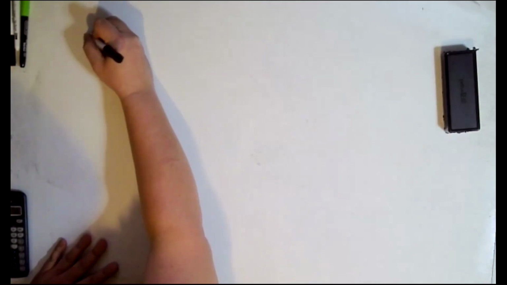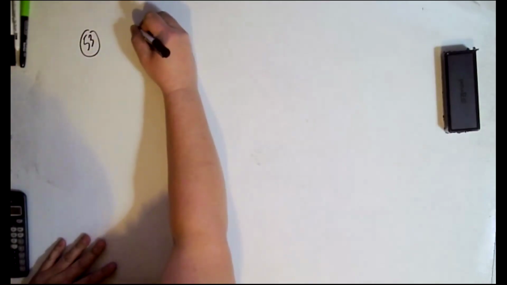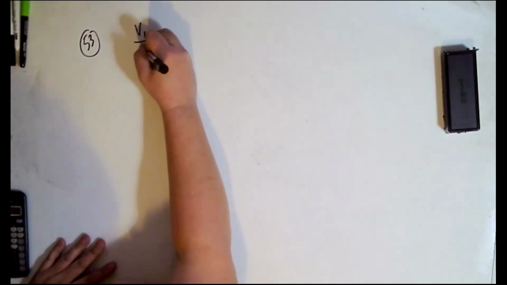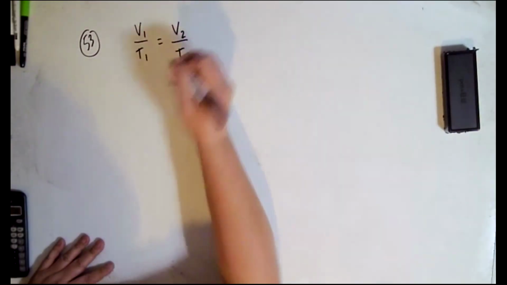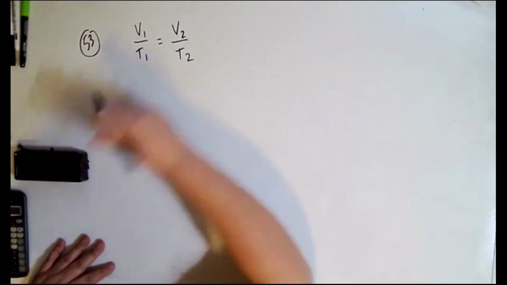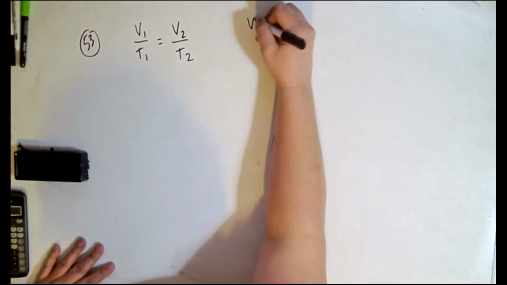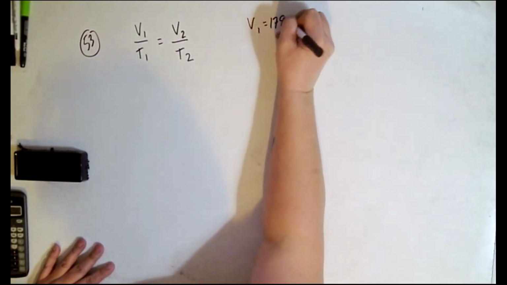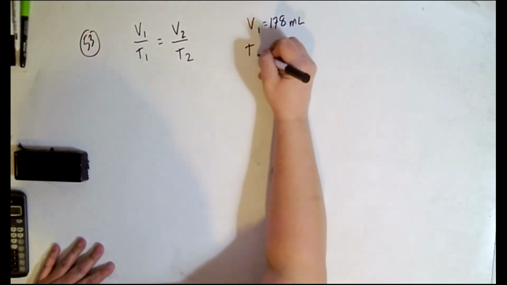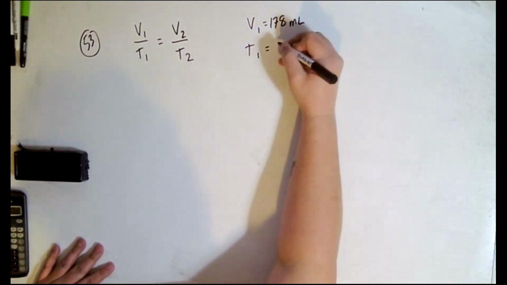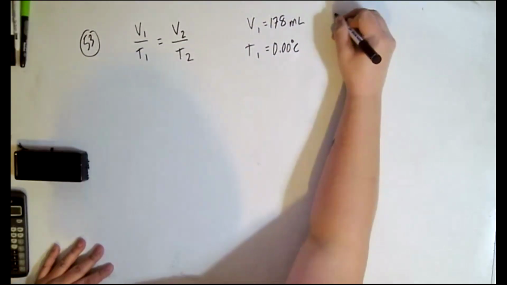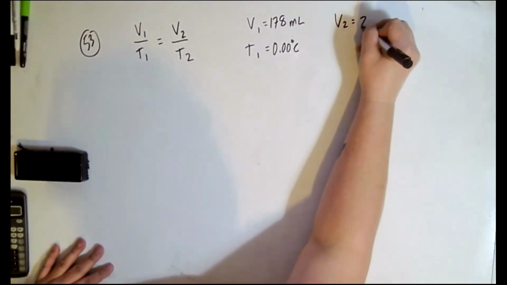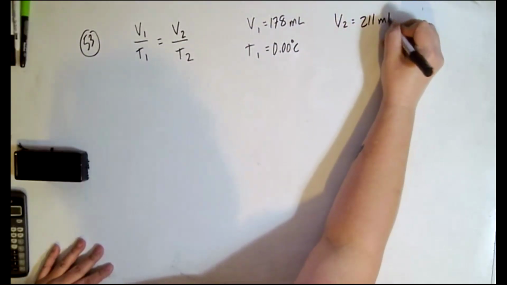Okay. If it's Charles' law, then we know it's going to be V1 over T1 equals V2 over T2. They're telling us that our initial volume is 178 milliliters. Our initial temperature is 0 degrees Celsius. Our new volume is 211 milliliters.